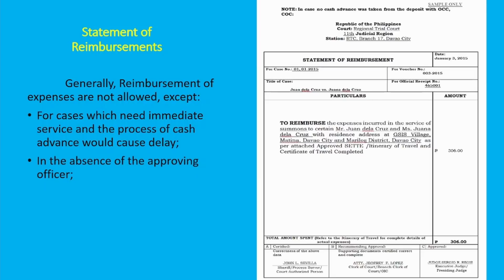In the absence of the approving officer, provided the SETE should be accomplished first. So the SETE is important. You have to accomplish the SETE before you use your personal fund. So if you decided not to claim a cash advance and you want to use your personal fund, use the statement of reimbursement. But you have to accomplish the SETE first.